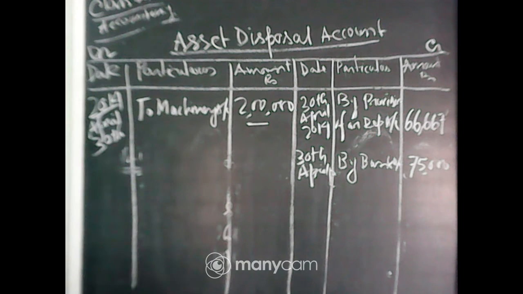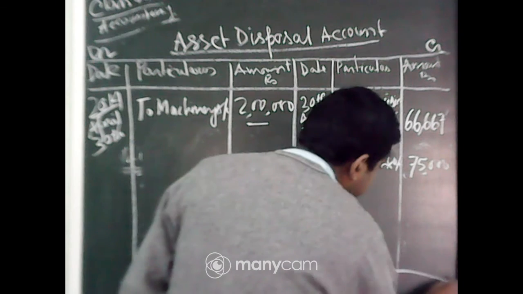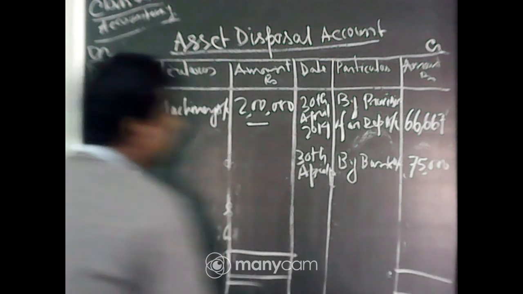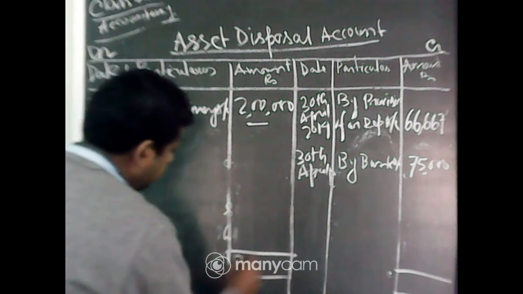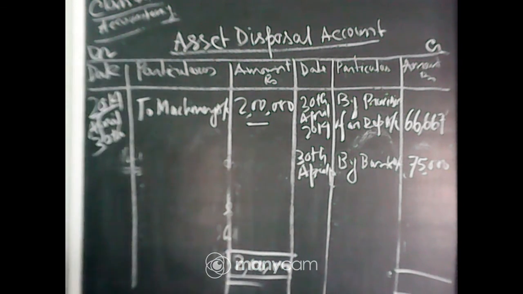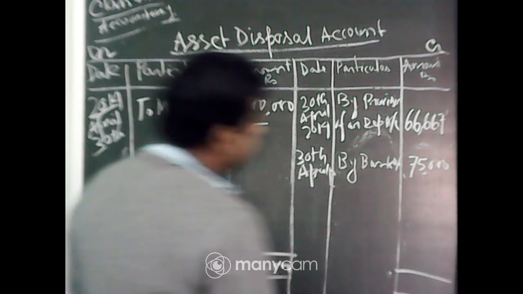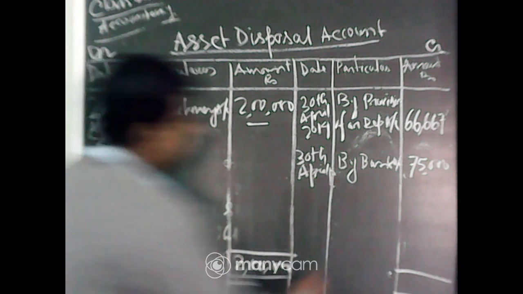Okay. So if we do not calculate the profit and loss, is there a profit or loss on the sale of the machinery? We still have to get that from this asset disposal account. See, there is 2 lakh on the debit side, but on the credit side there is still some amount needed, and that amount is your loss, because the credit side is less.